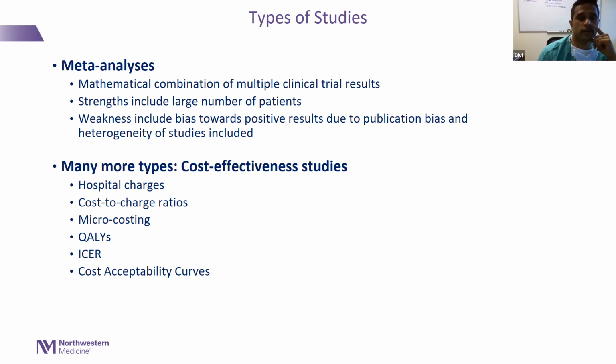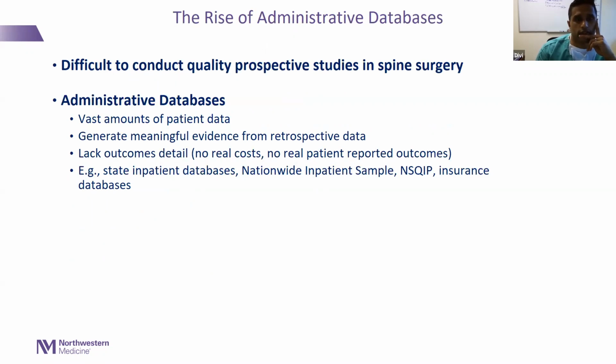And finally, there's also a lot of other kinds of studies that we never covered. For example, one main domain is cost effectiveness studies, like hospital charges, cost to charge ratios, quality-adjusted life years, cost acceptability curves, etc. One of the things that we've all become familiar with over time here is the rise of administrative databases.